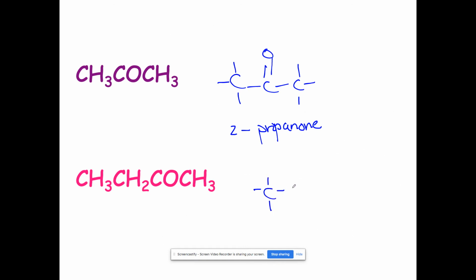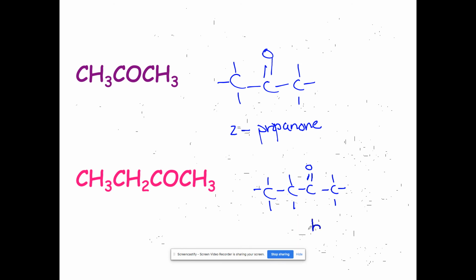CH3, CH2, CO, CH3. By the way, the more you practice this, the more you'll see it. Meth, eth, prop, butane becomes butanone.